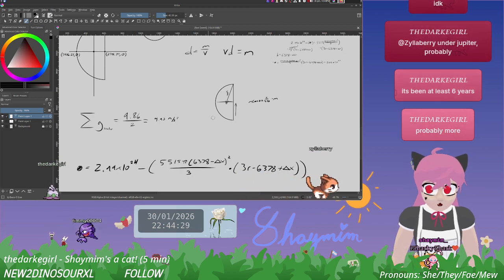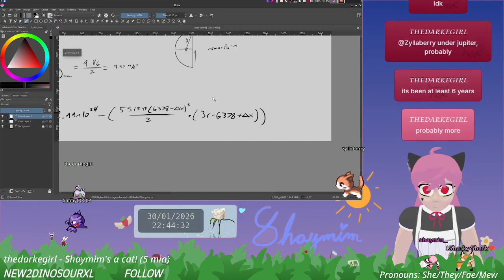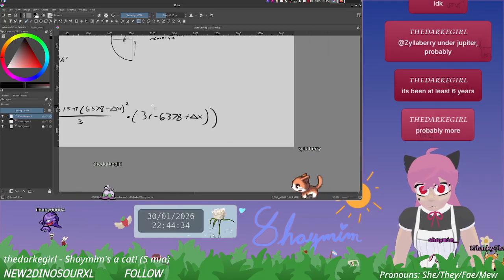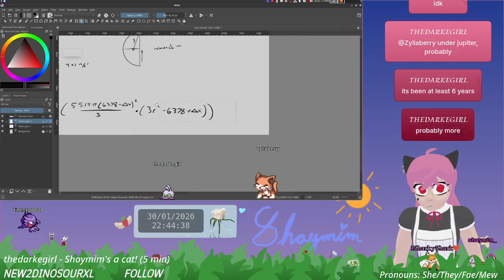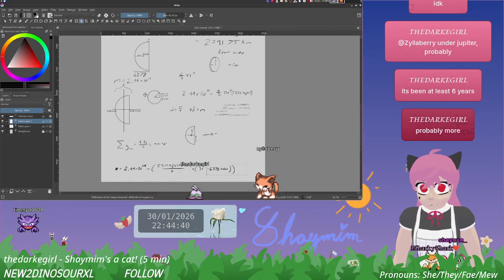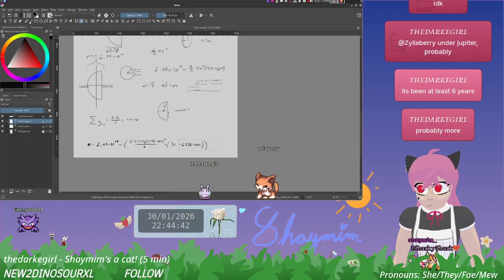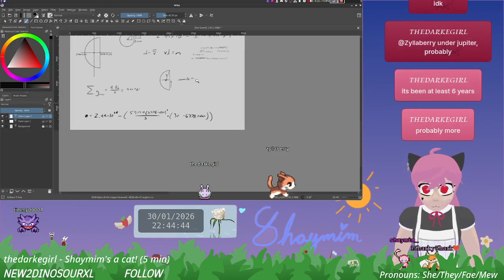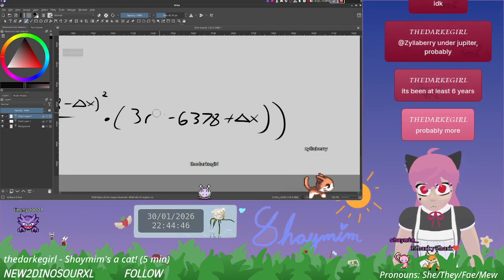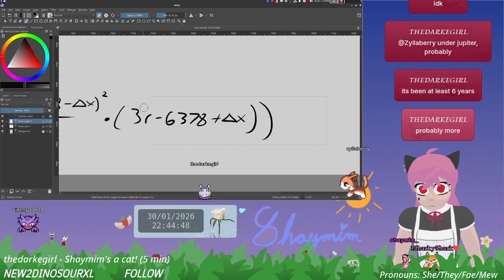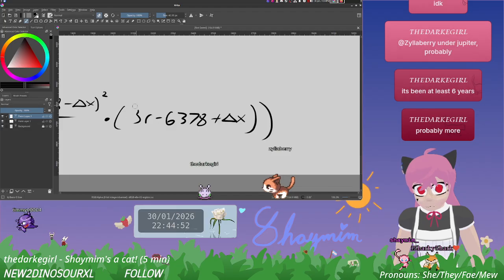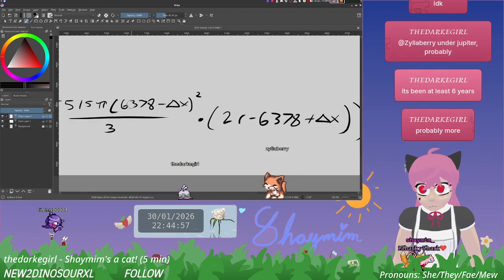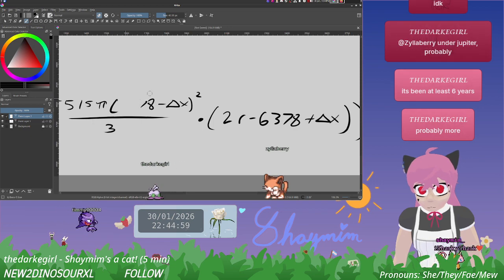Because that means that this r here would be a constant. Let me put that in. And specifically, it's the radius of the Earth, which also does happen to be 6378. Awesome. Which means that we can just simplify this to be 2r. Alright, and then we'll just put an r everywhere we see this number.